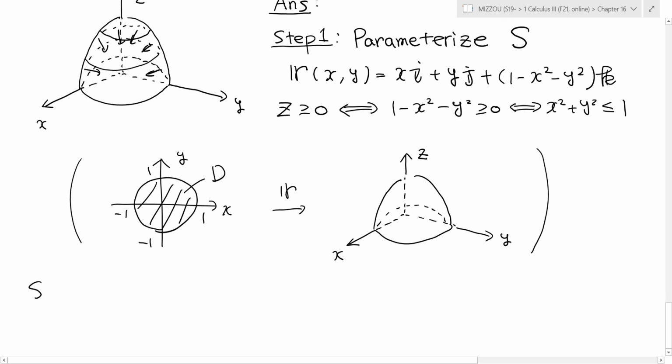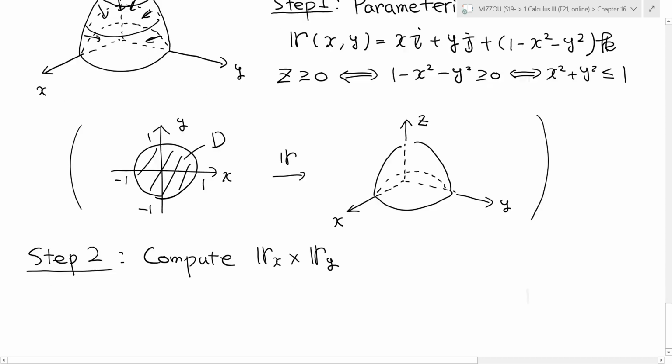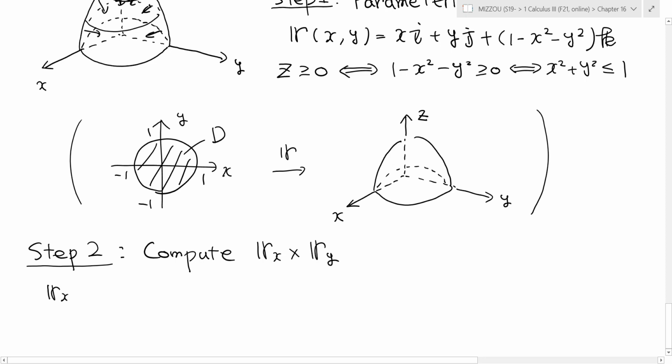And step 2, compute the vector that gives the orientation. In this case, r_x and r_y. Well, what's r_x?